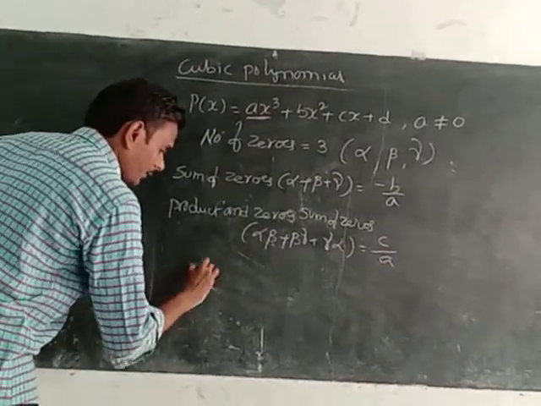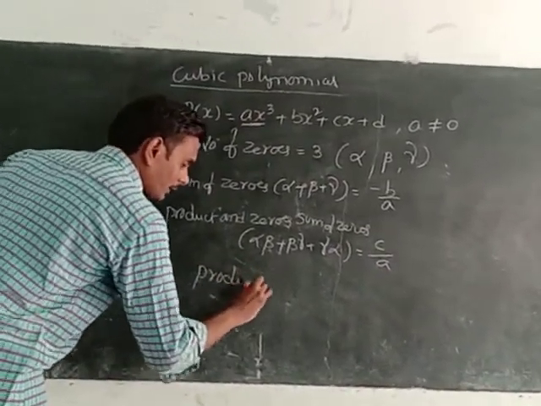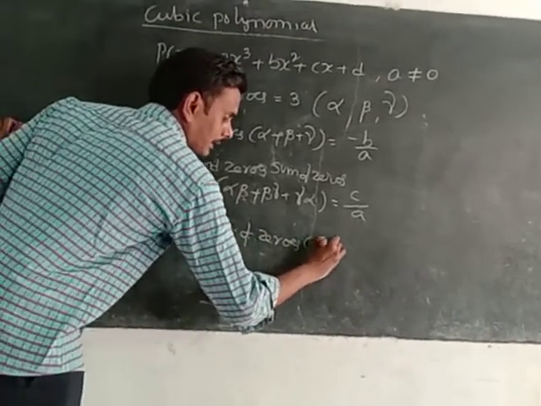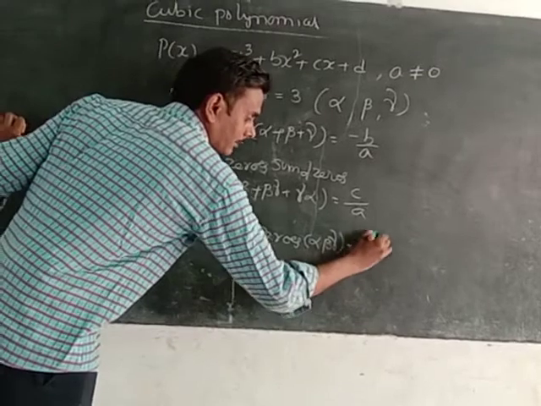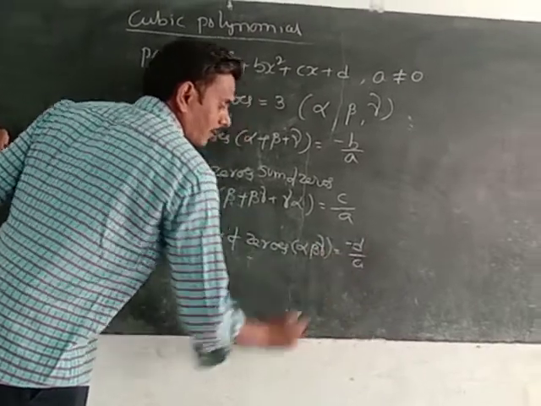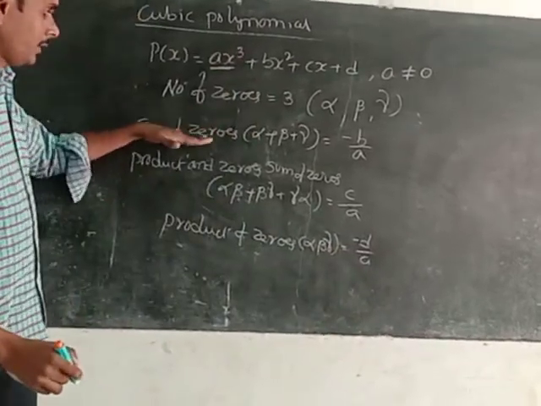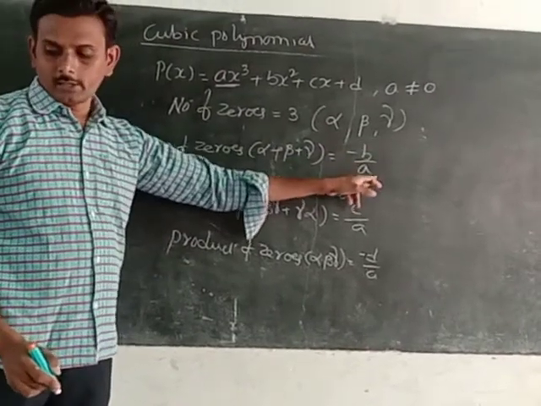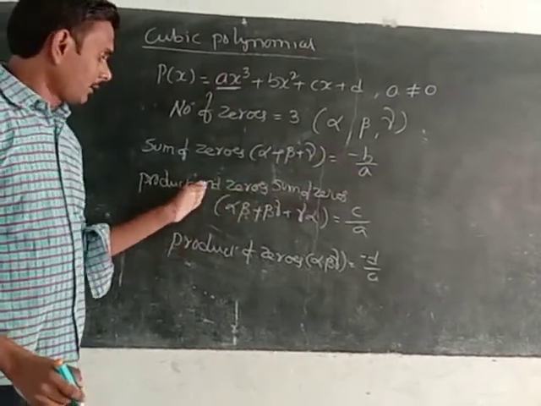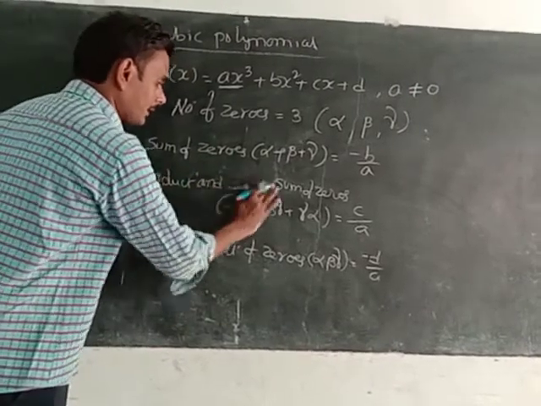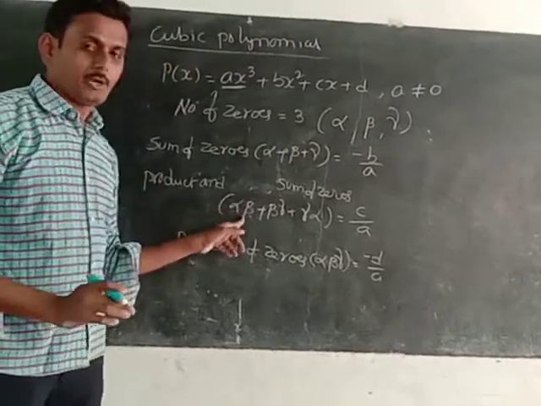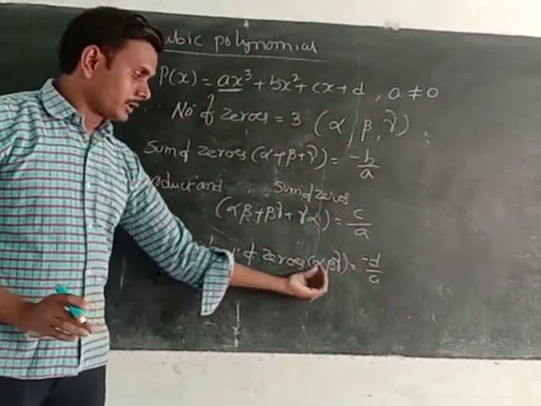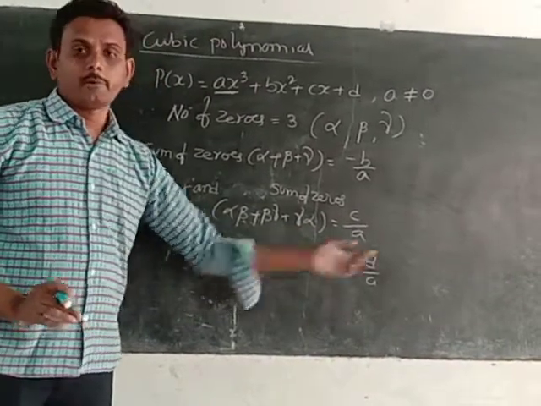Next, product of zeros, alpha beta gamma, equal to minus d by a. So sum of zeros, alpha plus beta plus gamma, equal to minus b by a. Alpha beta plus beta gamma plus gamma alpha equal to c by a. Product of zeros, alpha beta gamma, equal to minus d by a.